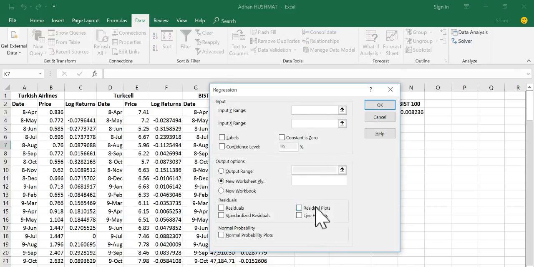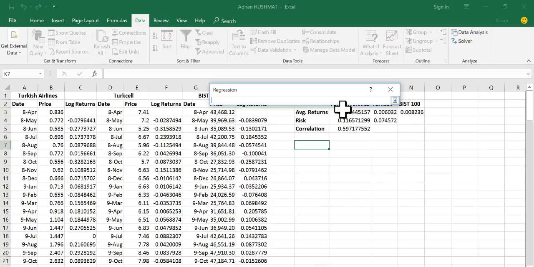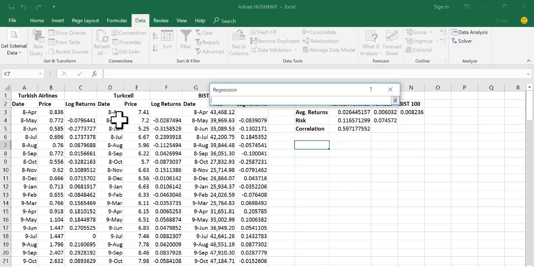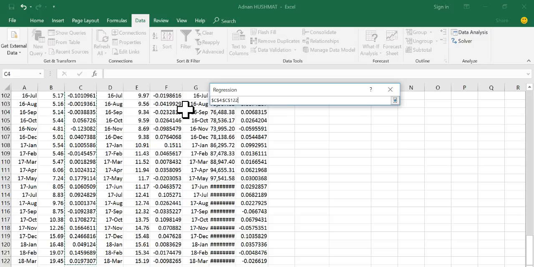So Input Y is our dependent variable, which in this case is our stock returns. I need to tell it the stock returns, so I press this button and select the Turkish Airlines stock returns. I click the first cell and then press Control Shift Down, so it selects all of that.